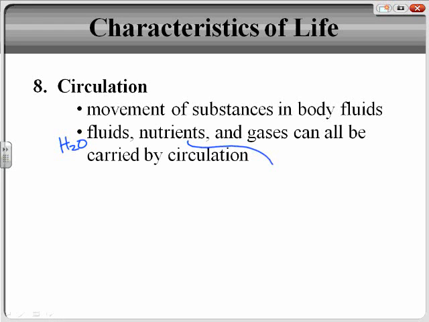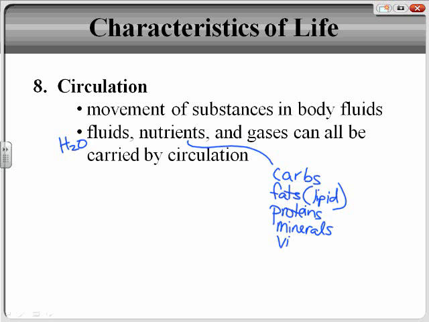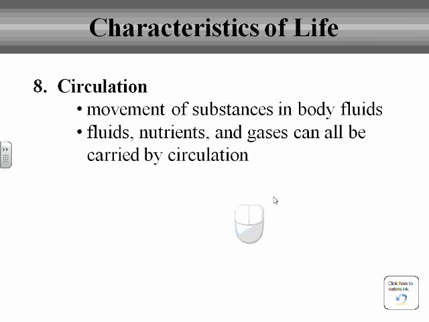When we talk about nutrients, we're talking about carbs, we're talking about fats, which is a lipid, all right? We're talking about proteins, minerals, vitamins, right? We talk about gases, we're talking about oxygen, we're talking about carbon dioxide. So all of these things need to actually be transported around the body to make it to all of the cells.